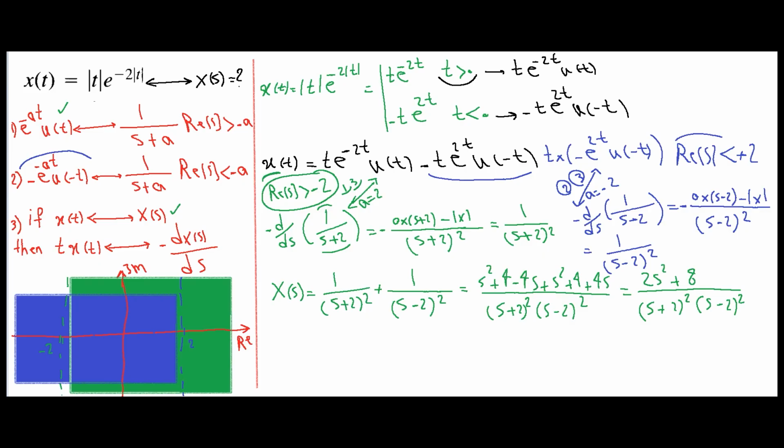And from the second term, real part of s less than 2. We need the intersection of these two regions. Therefore, the final region of convergence is real part of s between minus 2 and 2.